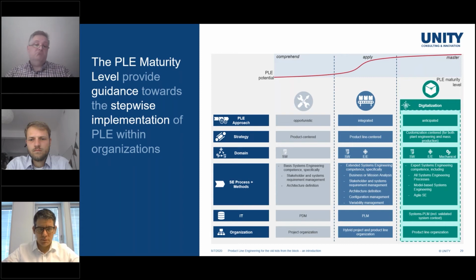So here it's sufficient to have a project organization established. We are talking about the matrix organization, applying systems engineering, a PDM environment, and also a project organization.